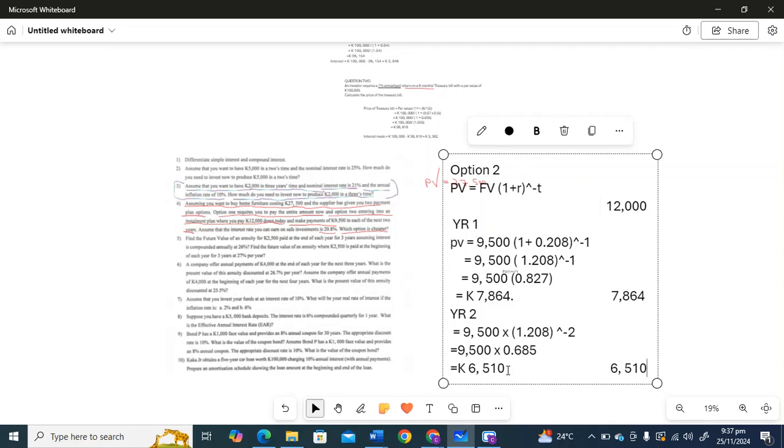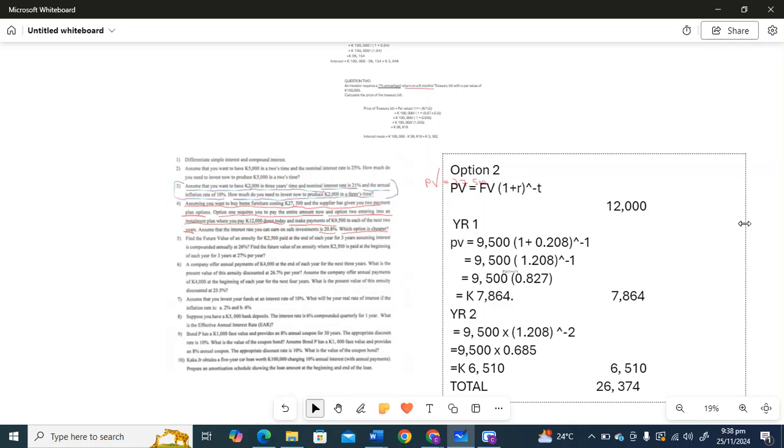So 12,000 plus 7,864 plus 6,510. We get a total of 26,374.